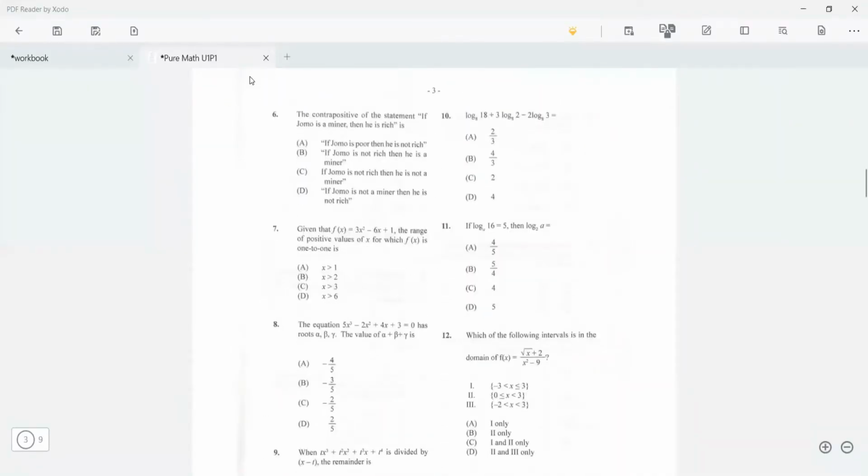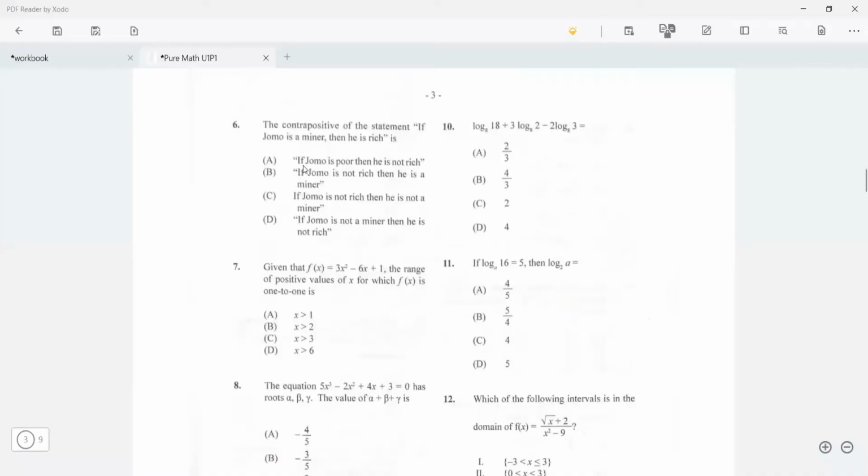Number 6 says, the contrapositive of the statement, if Jomo is a minor, then he is rich. Jomo is a minor, you can call that P, and he is rich, you can call that Q. So this statement is P implies Q. You have to remember that the converse is Q implies P. So we need to look out for one. We say he is rich, so Jomo is rich.